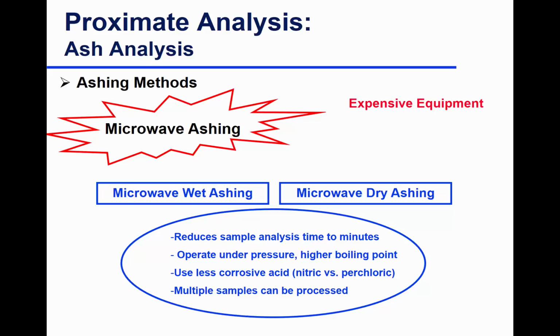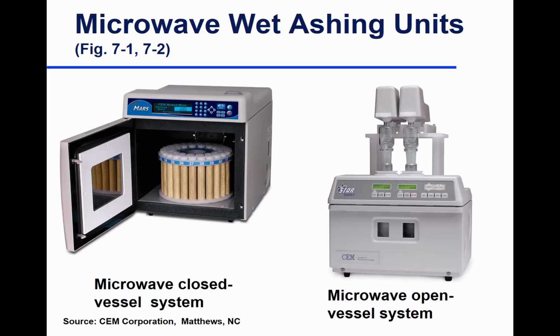And you can do multiple samples at a time depending on the vessel or tubes you have. Here's an example where you have a wheel where you can go up to probably 40 samples. This is a closed vessel system where you can apply controlled pressure and controlled temperature.